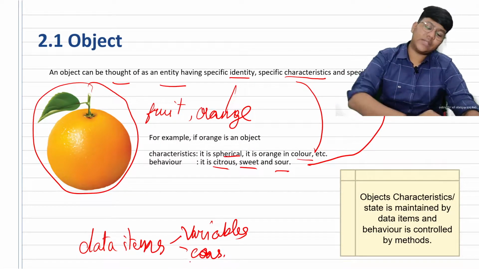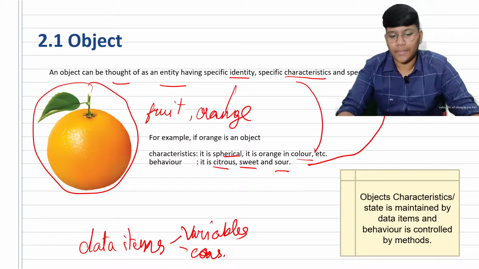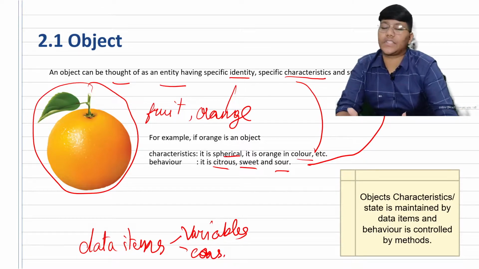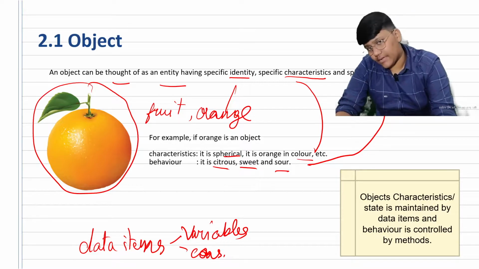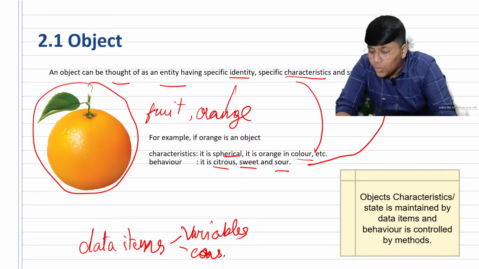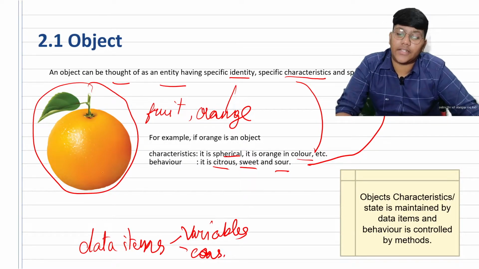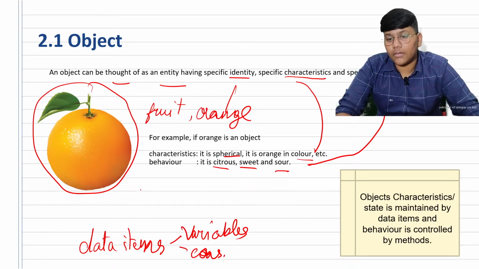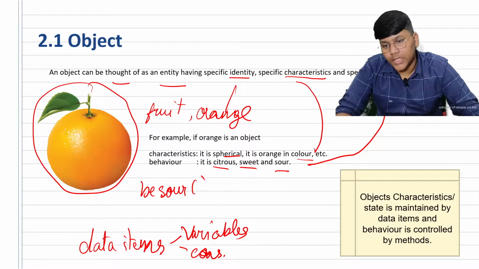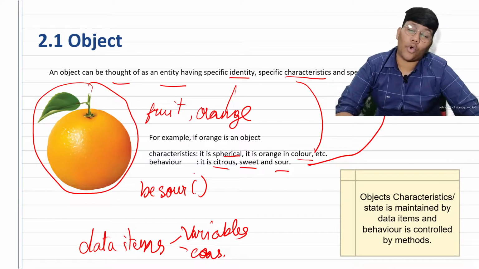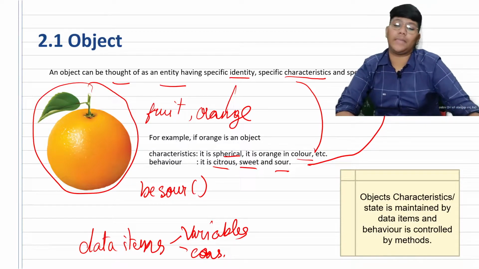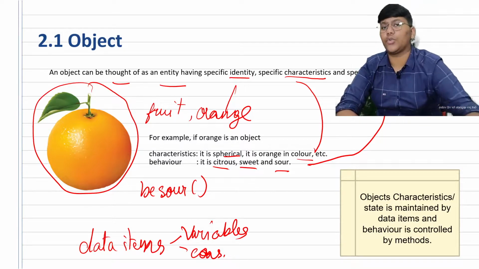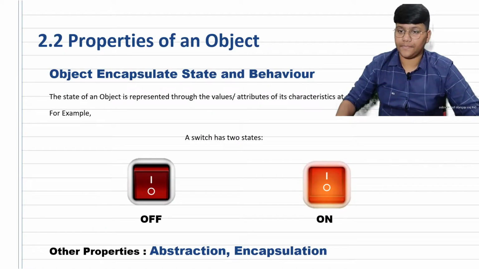These will mention the characteristics, the state it is in, and the behavior, what it will do, will be inside a method. For example, if B star is a method of the orange object, then the B star method will give the behavior to the object of being sour.